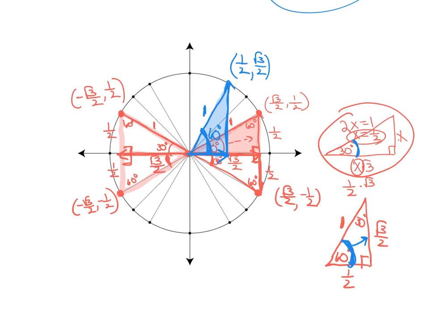So now you can flip that across your y-axis and come up with this coordinate, across your x-axis and come up with that coordinate, and across your y again, or go back to the original and flip down here. So you should be able to do that without drawing your triangles, okay?